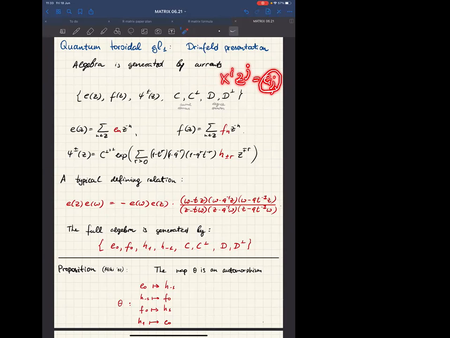So this is more like GL1 because, or should I say GL infinity?